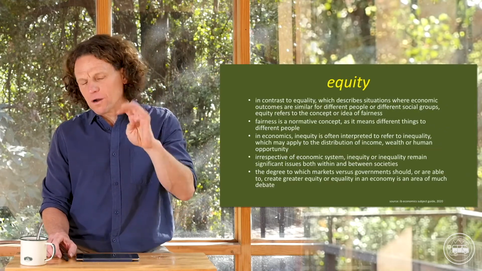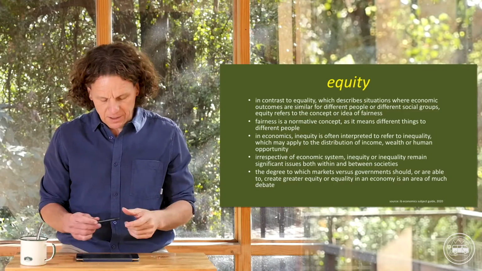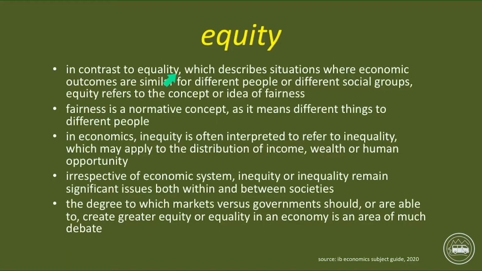Lens number 4 is equity, okay? In contrast to equality, which we've described as situations where economic outcomes are similar for different people or different social groups, equity refers to the concept or idea of fairness. Fairness is a normative concept, which means a relative concept, as it means different things to different people.